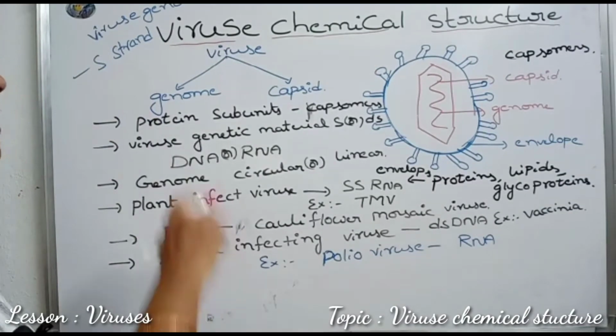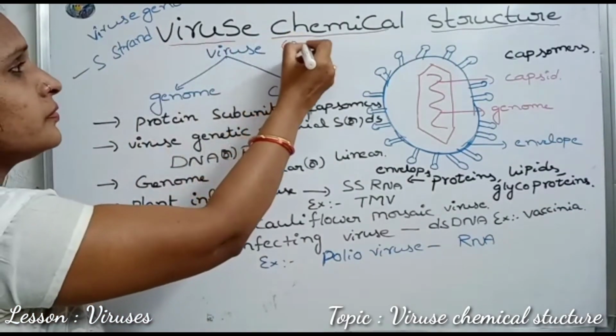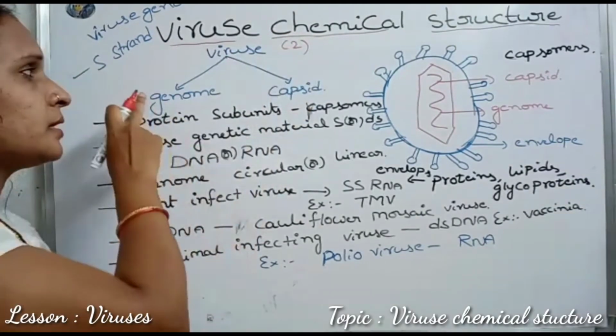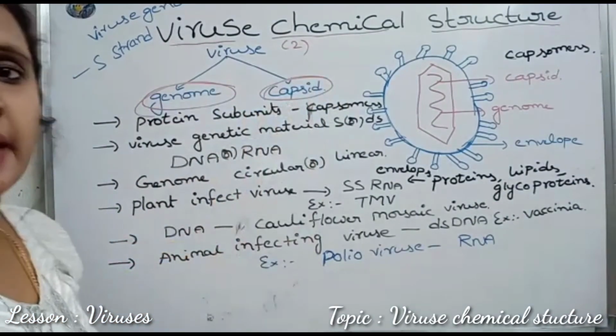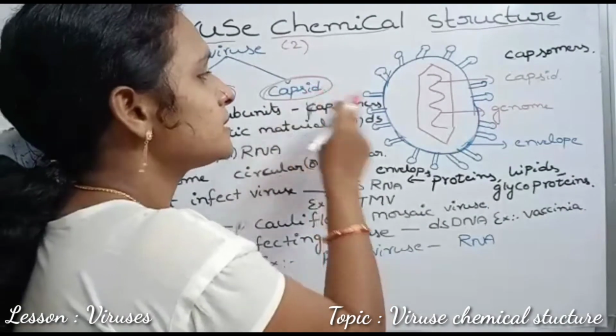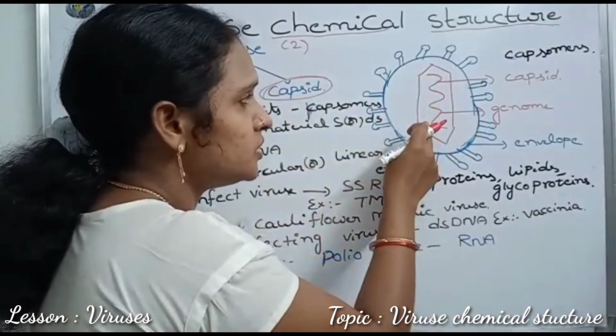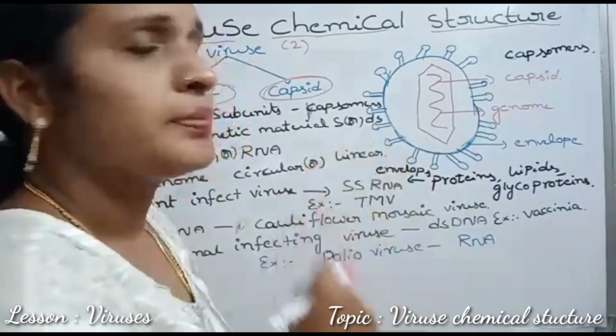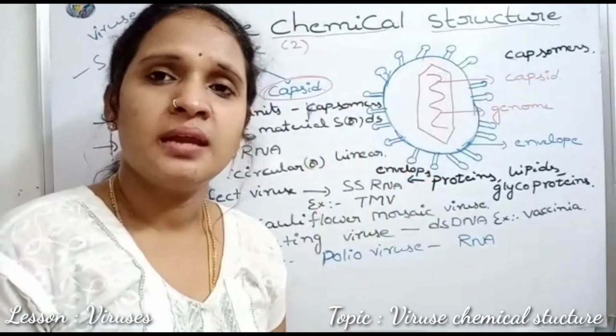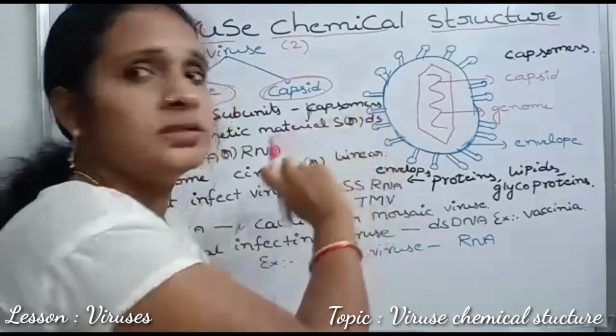Once again, a virus is mainly composed of two components: the central core of the genome and the surrounding protein coat, the capsid. This capsid gives shape to the virus and protects the central core of the genome.